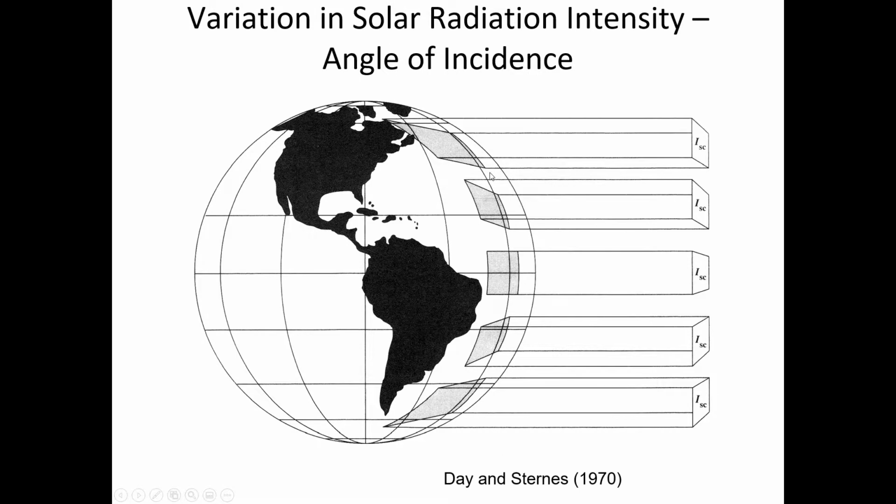One of the things that changes how much radiation is absorbed at different locations on the globe is the area that's projected by the incoming radiation, called the angle of incidence.